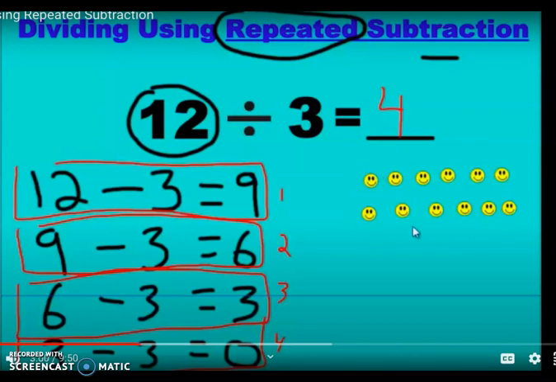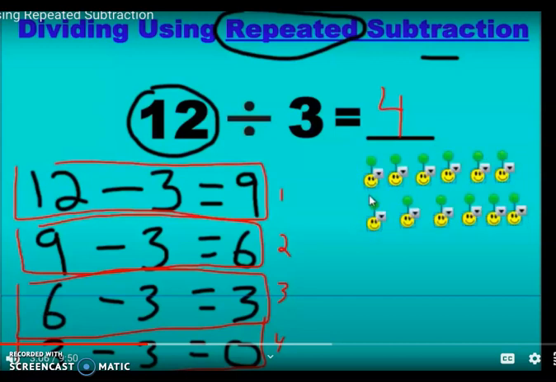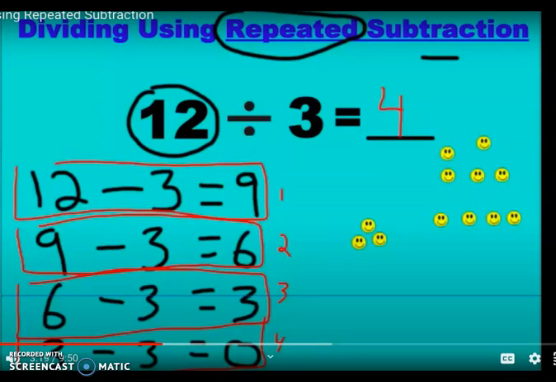So what that means is we have 12 altogether. If we divide by 3, we could do this. Let me just separate these first. We could essentially go like this. Groups of 3, we can put a group of 3 over here. That's like saying 12 take away 3. Now we have 9 left over here. I'm going to make a circle around. That's a group of 3.